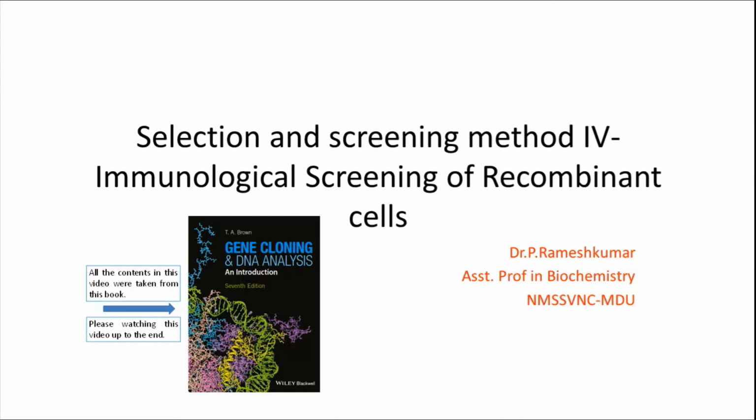Selection and screening of recombinants by immunological method. As usual, immunological method means we are using antigen antibody. So no worry about it. So how do we select the recombinants by using this method?